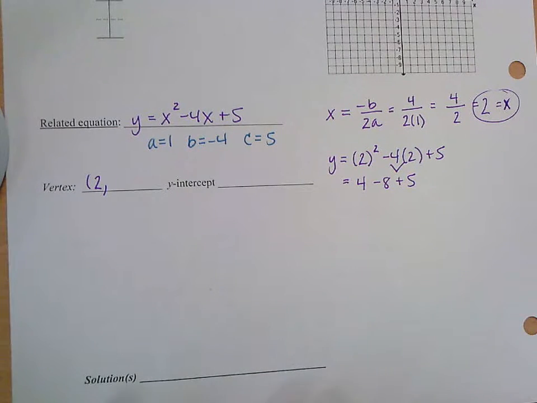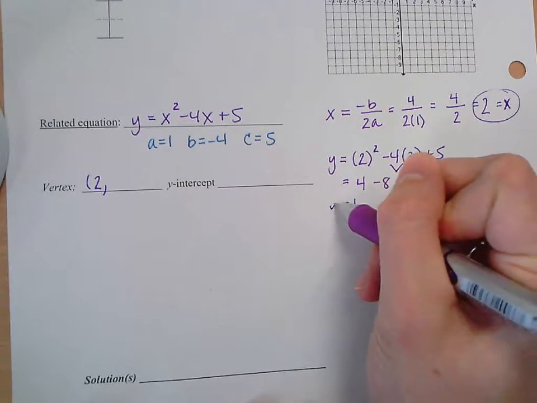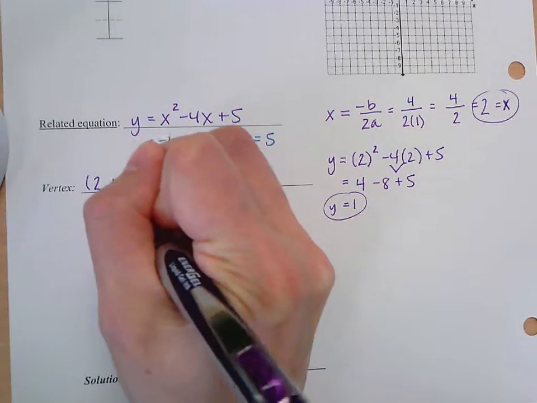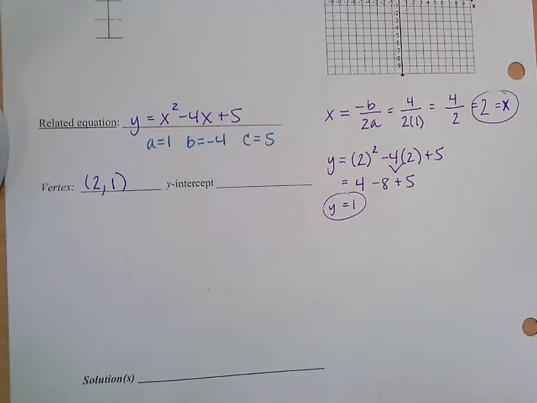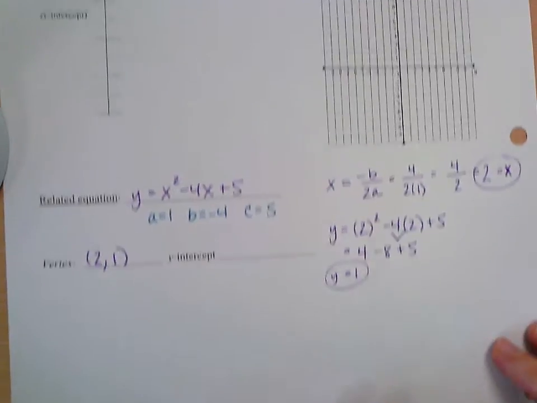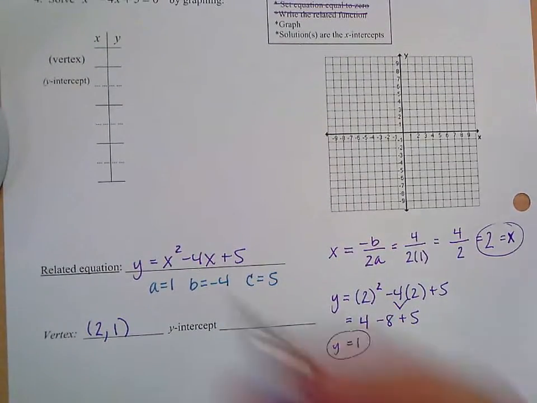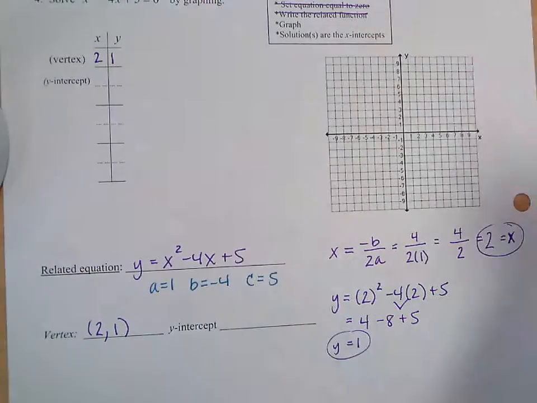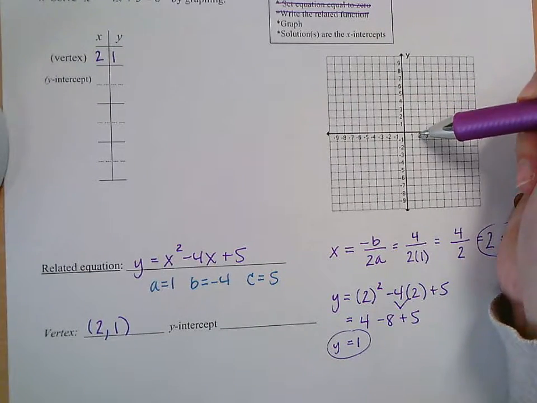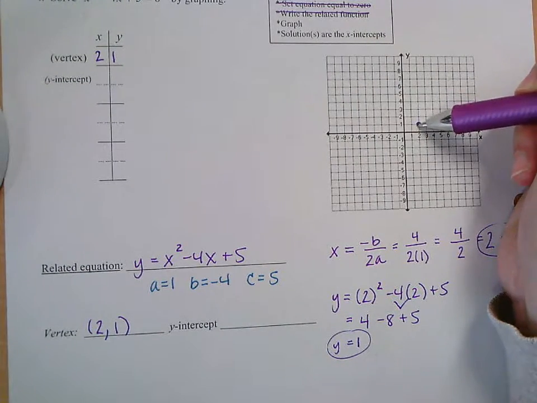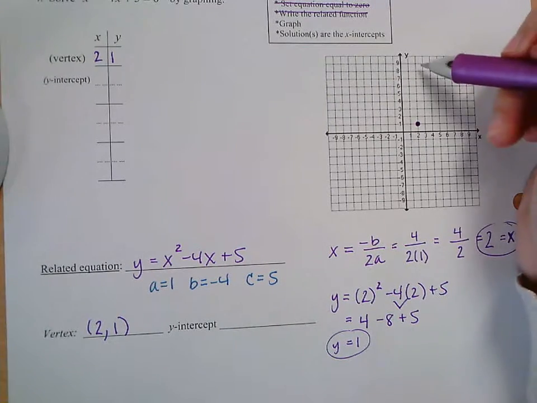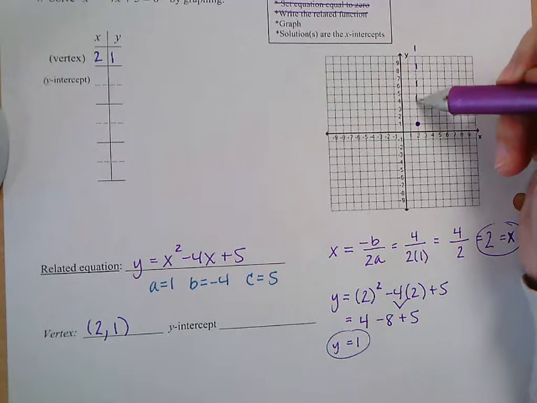Should be positive 1. So my vertex is at 2, 1. So I'll add that into my table. 2, 1 is here. And I can draw in my line of symmetry.